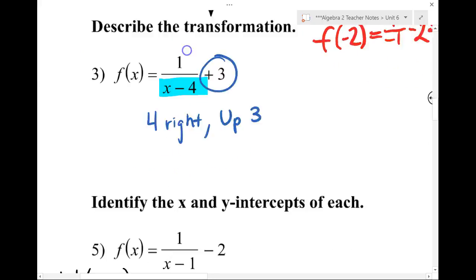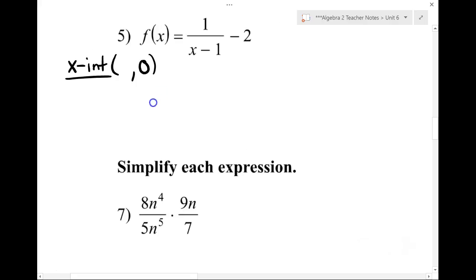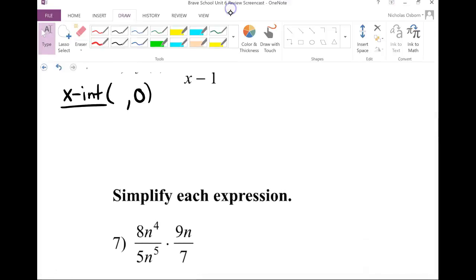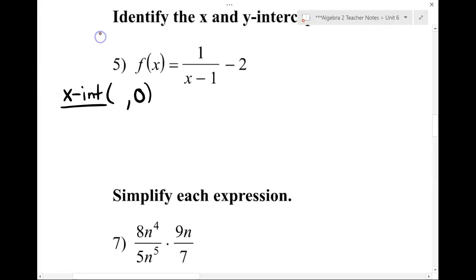So with knowing that, when I go back to finding the x-intercept, that means I can set y equal to 0. Now if you remember, f of x is the same thing as y. So I will set it to 0 and then solve the rest for x.